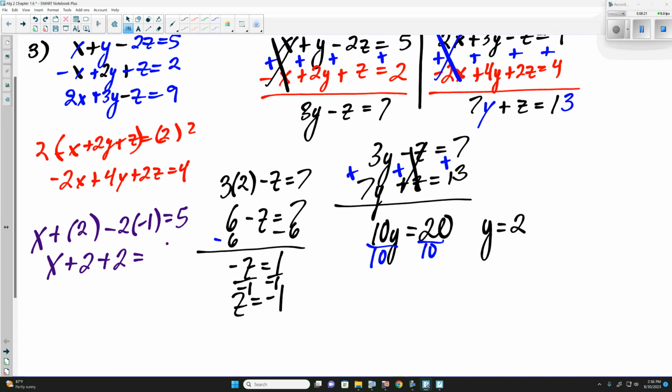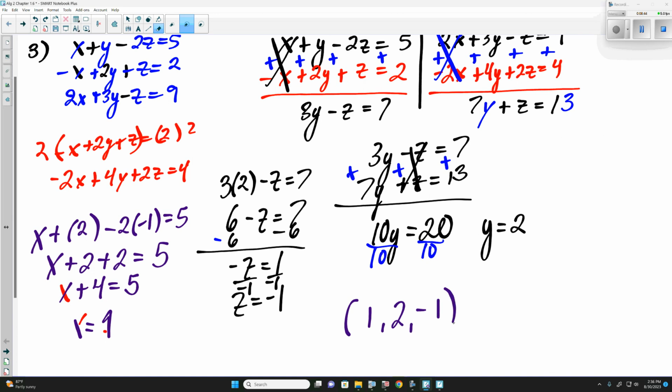So we do have positive 2, negative 2 times negative 1 is positive 2. So we have x plus 4 is 5, minus 1 telling us x is positive 1, not negative 1. So our solution is 1, 2, negative 1.